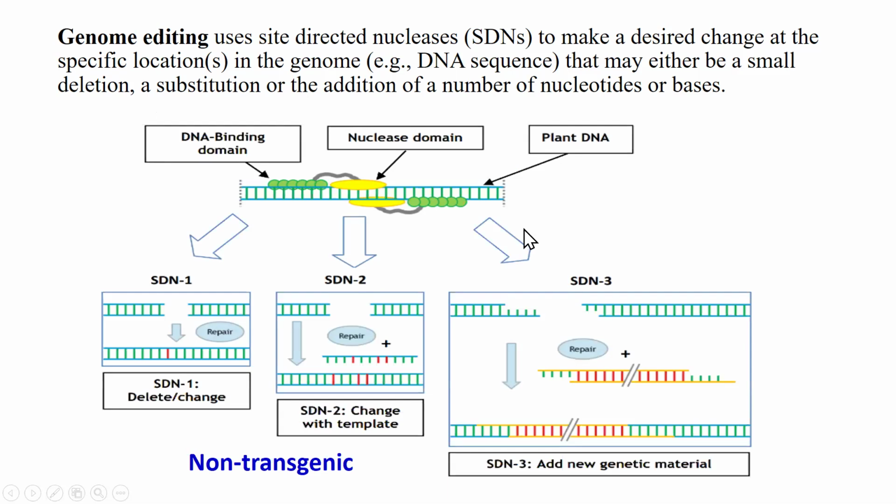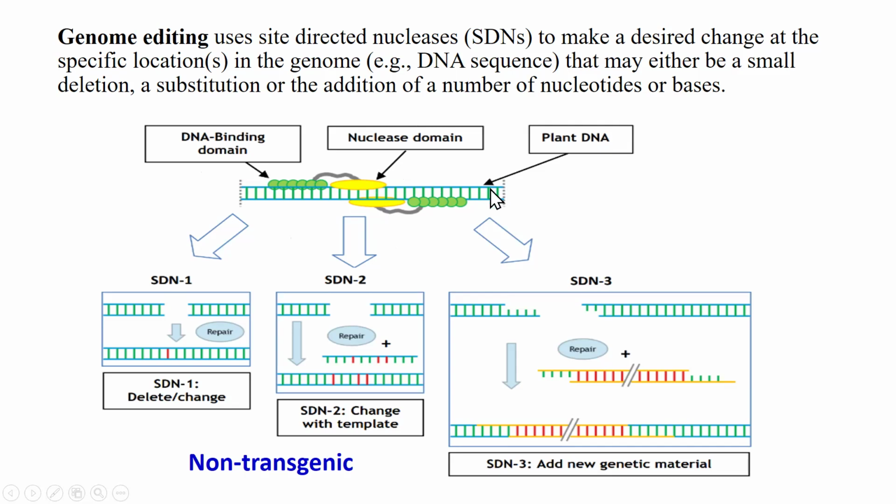This is a schematic presentation or illustration of the basic genome editing techniques. Here you can see the DNA binding domain and nuclease domain, for example, CRISPR-Cas9, and we target, for example, a plant DNA.